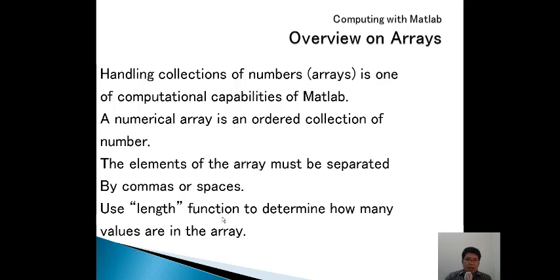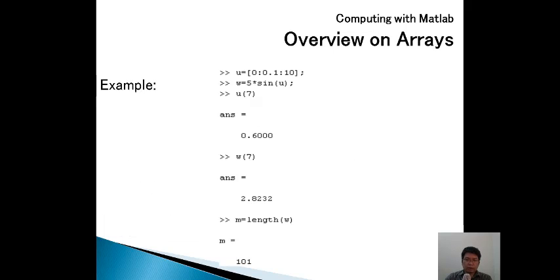And all the elements of the array must be separated by commas or by spaces. And we can use the length function to determine how many elements are inside an array. For example, please try this example.